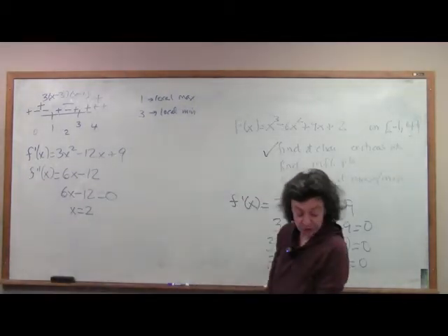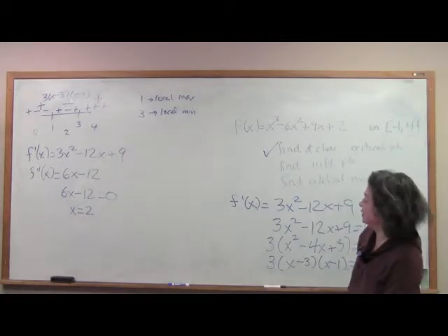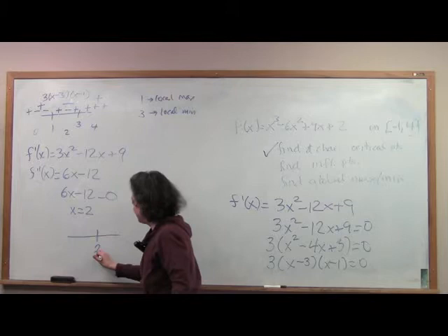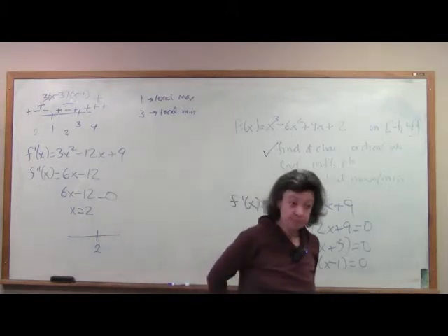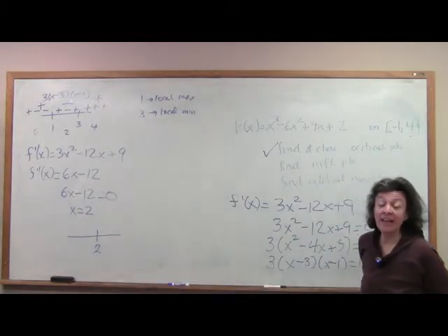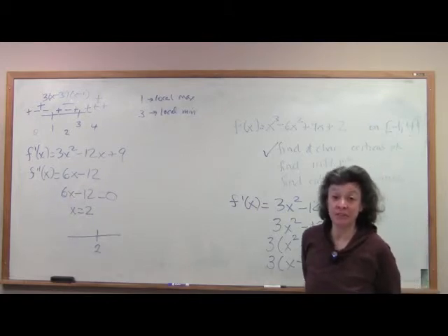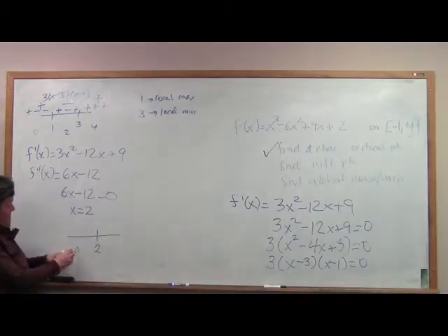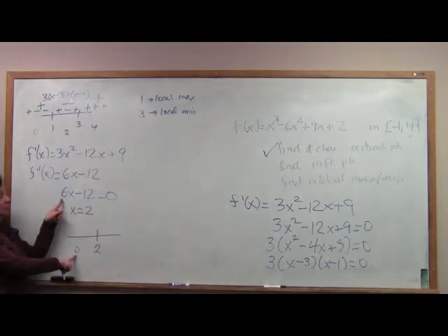Let's see if our graph changes concavity at 2. You take 2, put it on your number line, and now we take test points in each of those intervals. Let's test 0 here. Remember, you always plug it into your second derivative.